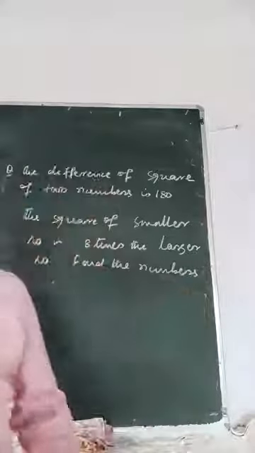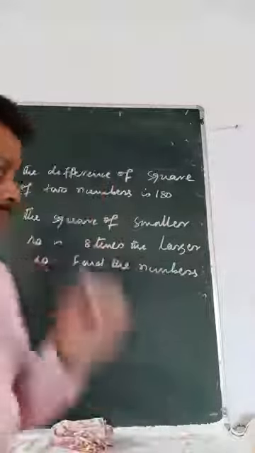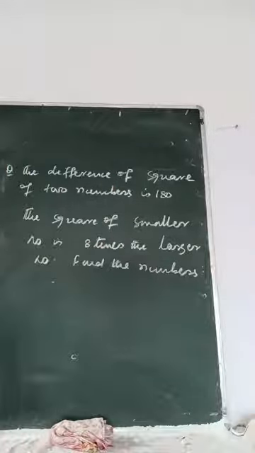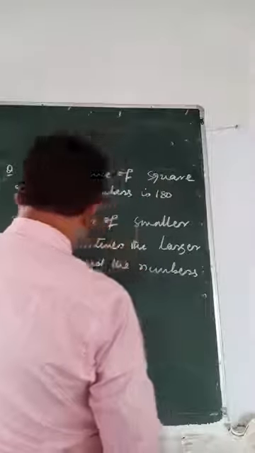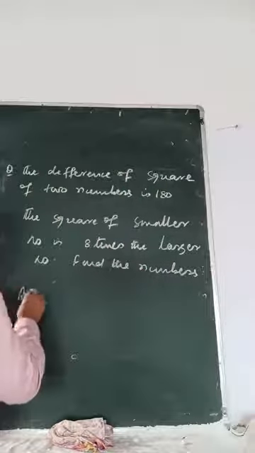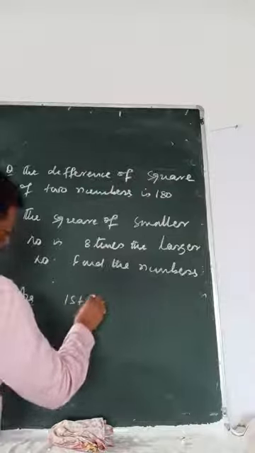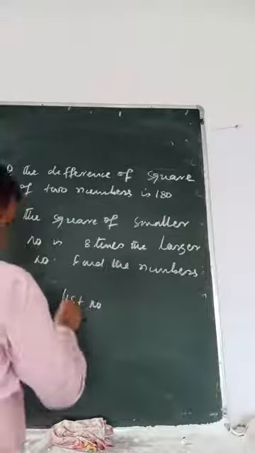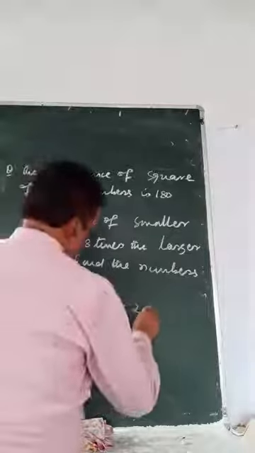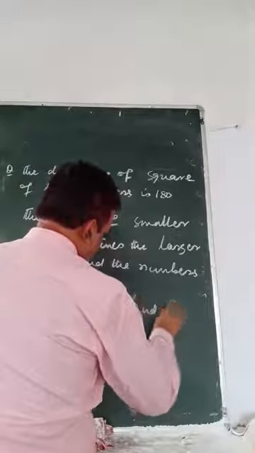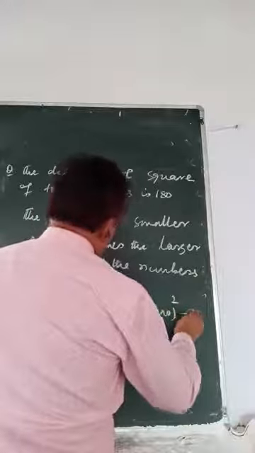This is slightly different. Try to see: the difference of the squares of two numbers. So first you start with the first number squared, minus the second number squared, is 180.